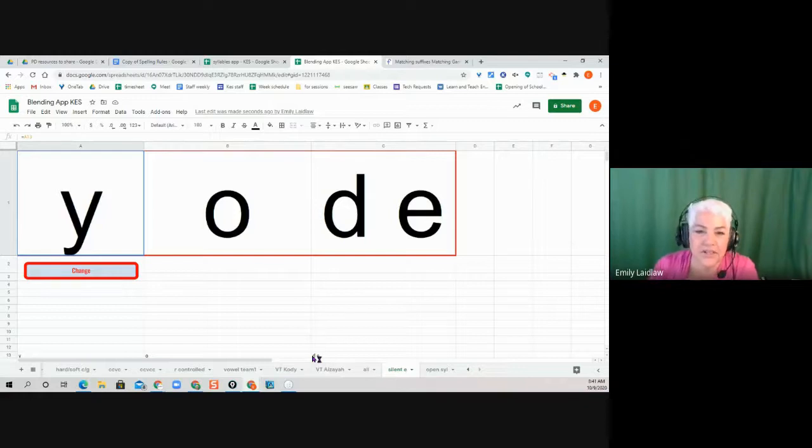And a lot of our students learned about the silent E in first grade and second grade, and they learned specific words. And then they come to third, fourth, fifth grade, and they forget that what the E does to the vowel happens in multisyllabic words.